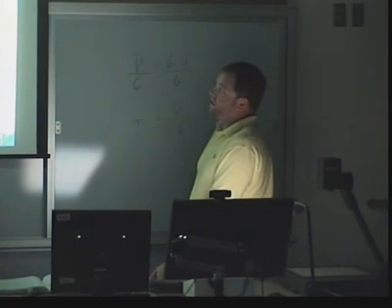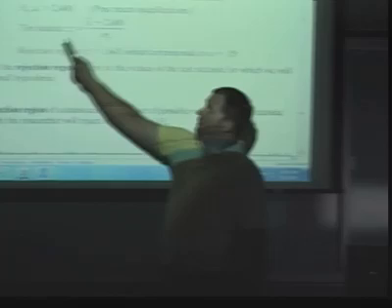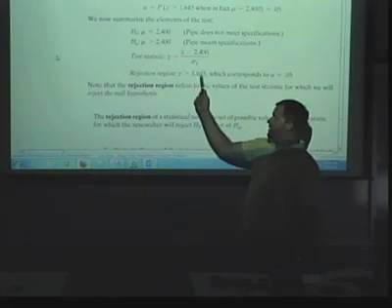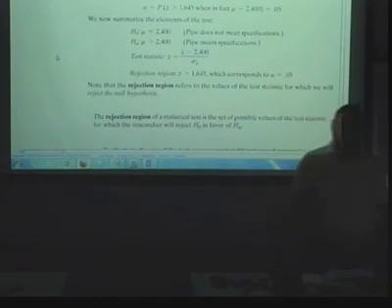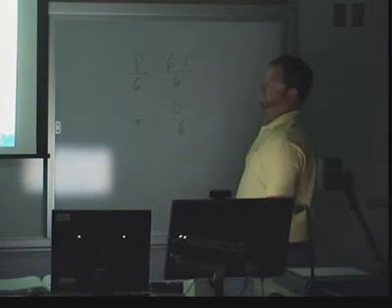Our rejection region, the value where we reject the null hypothesis, is if Z is greater than 1.645, if it falls within our rejection region. And this 1.645 number comes from our 90% confidence interval.